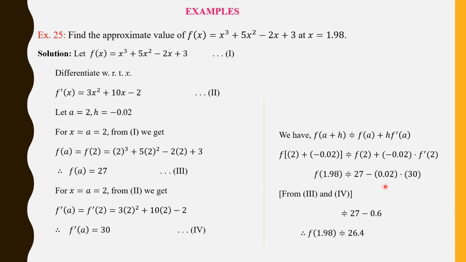Then 27, here the multiplication is -0.6, taking subtraction, we get 26.4. Hence the approximate value of f(1.98) is 26.4.